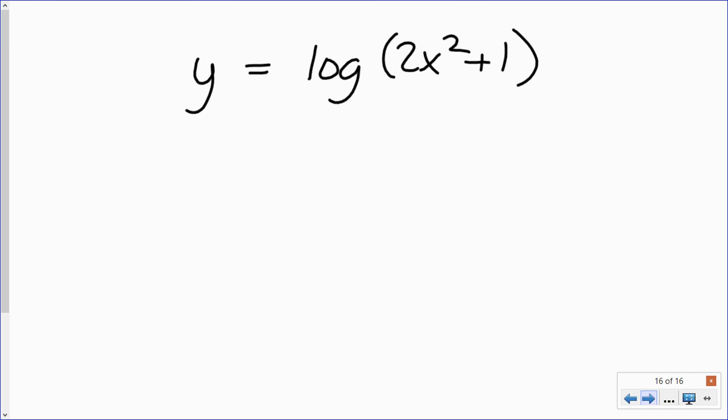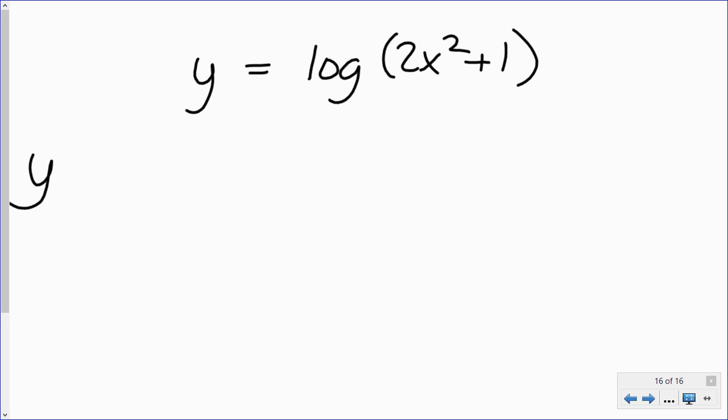Okay, one last example, and what I wanted to remind you of here is that when you see log without a base written, this is called the common logarithm, and it's always base 10. Okay, so we don't really write the base, it's understood to be there. But you need to know that because you'd have to multiply by natural log of 10.